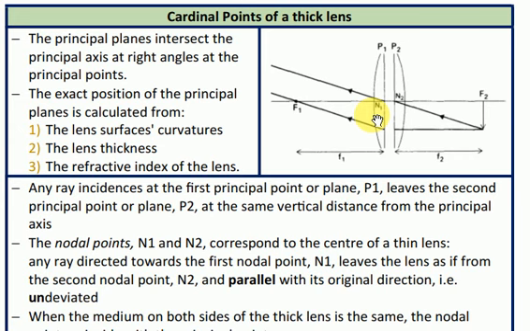The principal planes intersect the principal axis at right angle at the principal points. There are two further points called the nodal points N1 and N2, which correspond to the center of the thin lens.